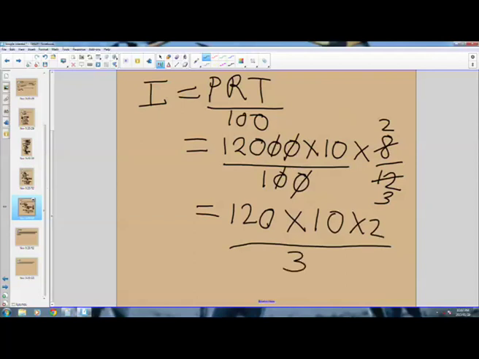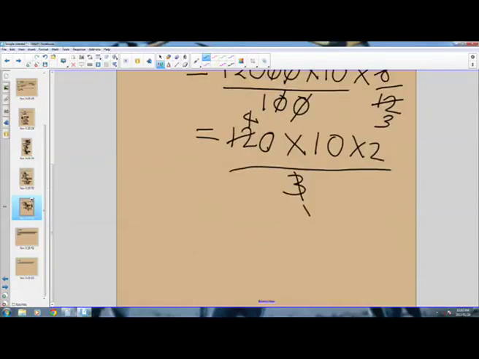And then we can take our calculator and multiply. But before you multiply, I can see there's a common factor here. There's a 3 here, so 3 here once. 3 into 12 is 4. Now what do we have?